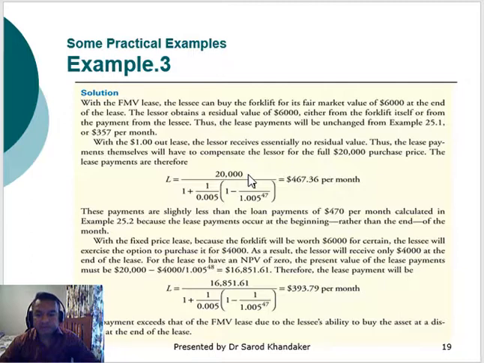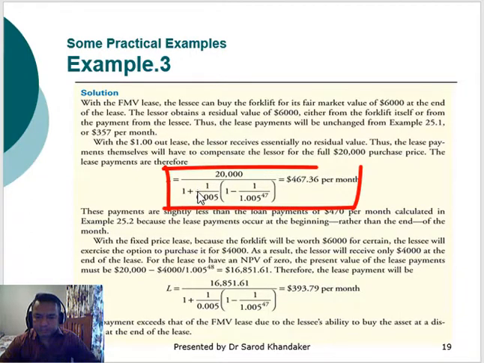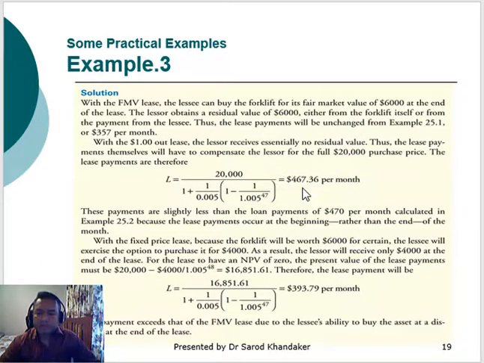Then you put the other information in this calculation, and you'll find the payment is $467.36 per month. This is much higher than the previous calculation of $357 per month, because that was a fair market value lease where there is a $6,000 residual value available for the lessor.